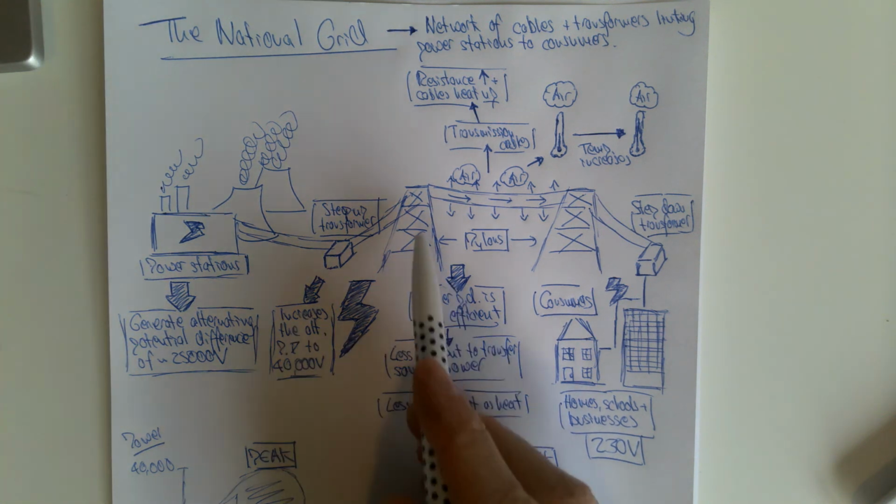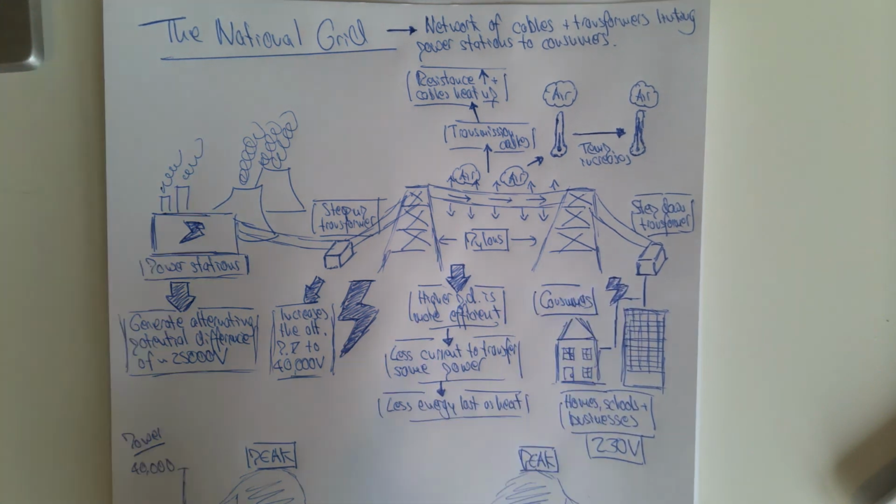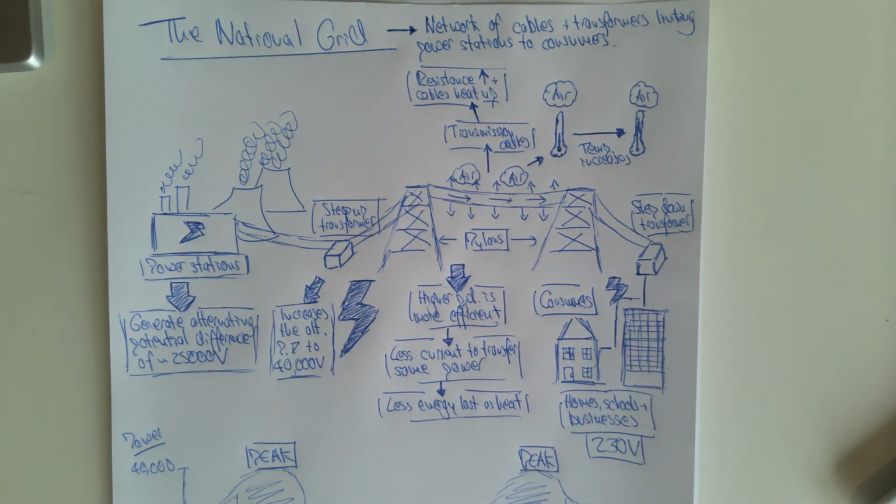But if you increase the voltage, you need less current to transfer the same amount of power, and so it becomes more efficient. Less of that energy becomes wasted in the environment and lost as heat.